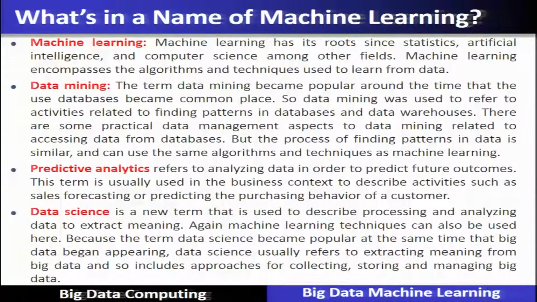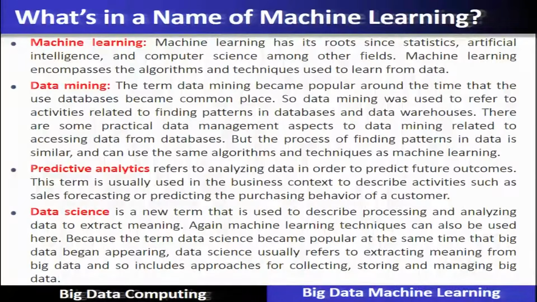Now, another term is called predictive analytics. Predictive analytics is the term which is used in business houses. Predictive analytics refers to analyzing the data in order to predict future outcomes. This term is usually used in the business context to describe activities such as sales forecasting or predicting the purchase behavior of customers.